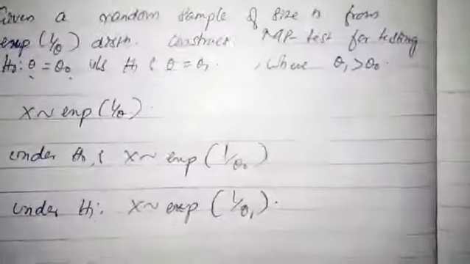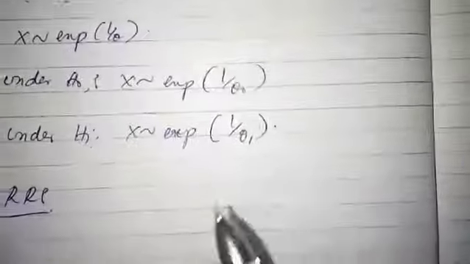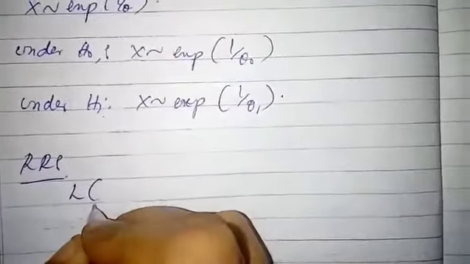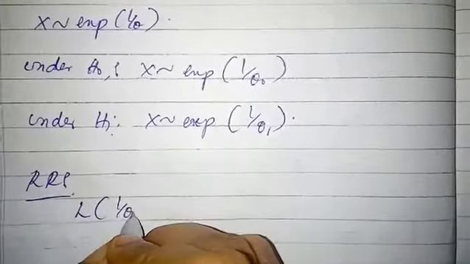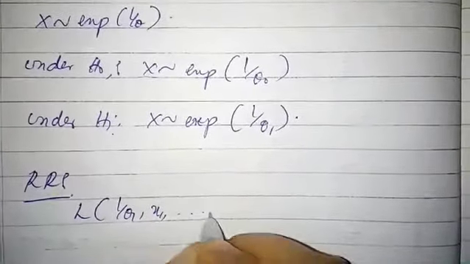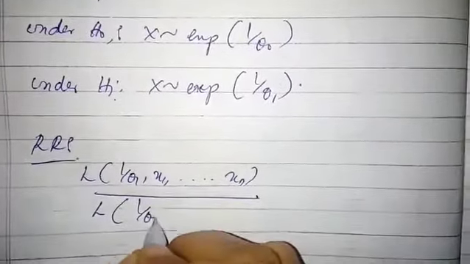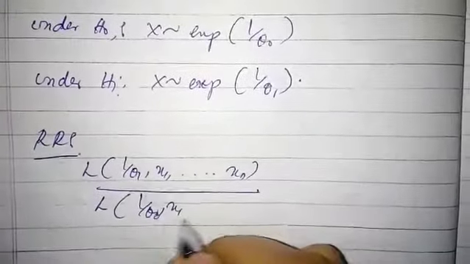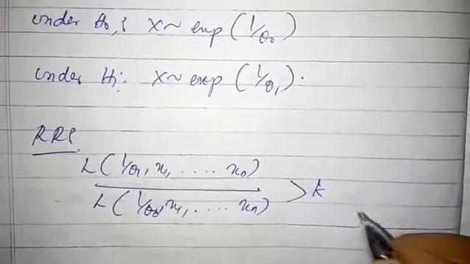From the Neyman-Pearson lemma, we know that we reject H0 for a large ratio. Here is a random sample of size n, so we have to take the likelihood function. The likelihood under H1, which is 1 by theta 1 to the power n, x1 so on xn, divided by the likelihood under H0, which is 1 by theta naught to the power n, x1 x2 so on xn, is greater than k.